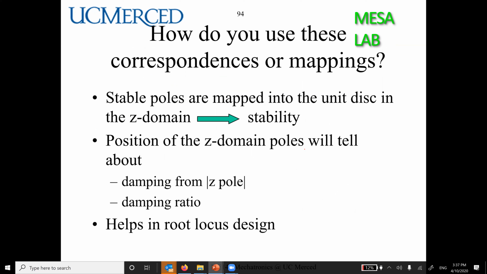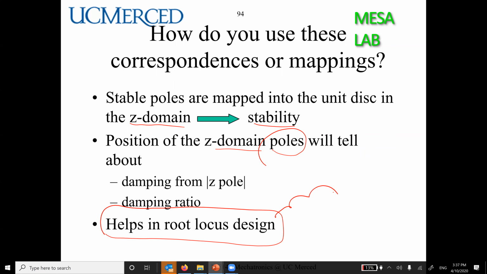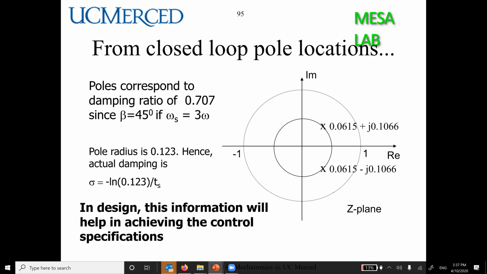So how do you do this correspondence of mapping? Basically you can deduce the Z domain stability depending on the position of the Z transfer function's pole. And using that pole, you can tell the damping ratio or the damping. This is good for root locus design, which we ignored. We only focus on Bode plots.